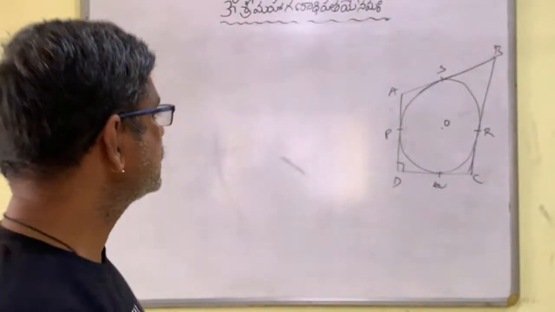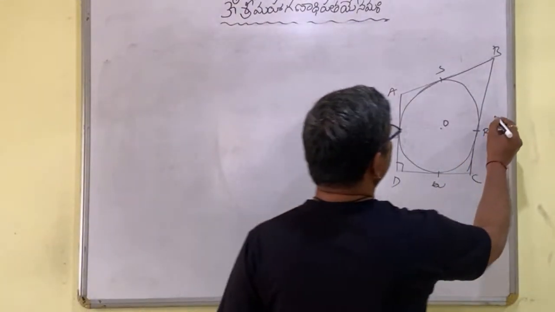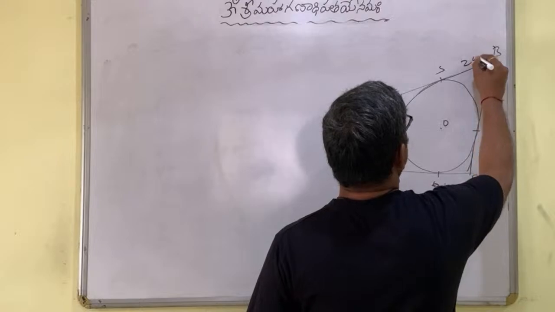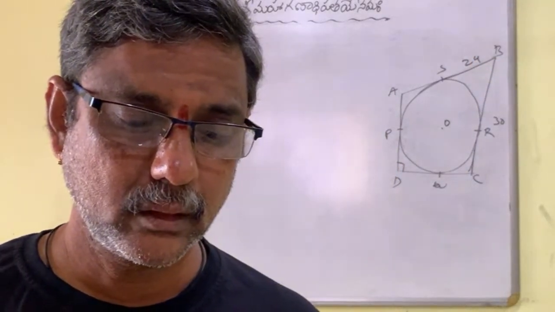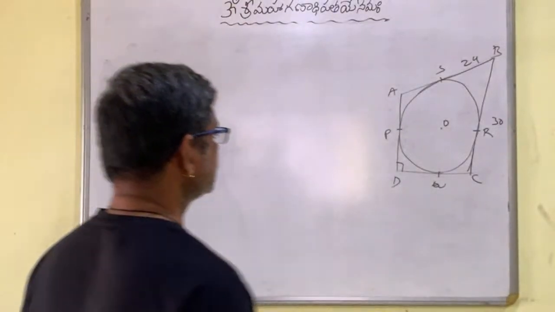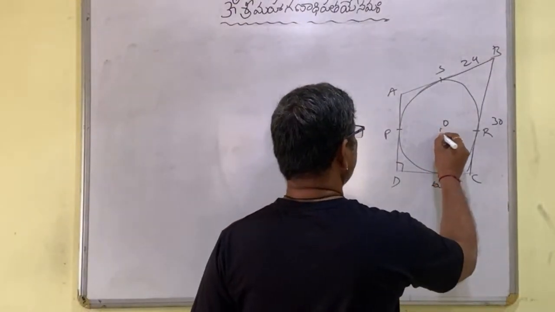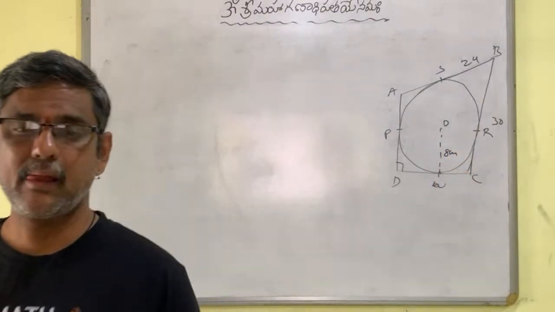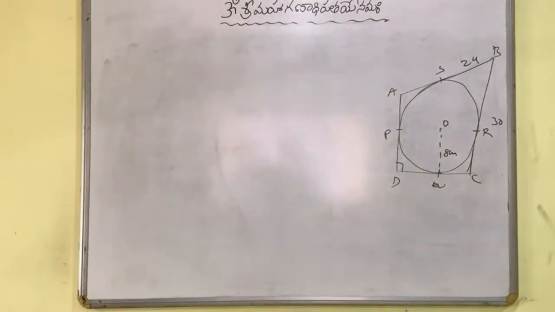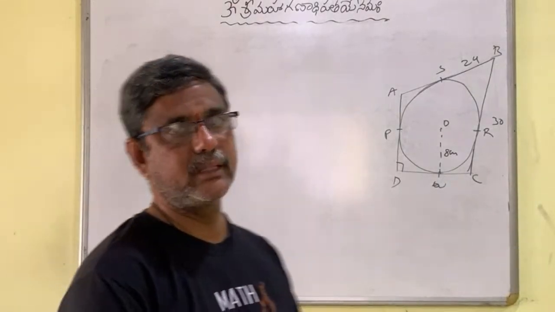BC 30, BS 24, and radius 8 centimeters. And AD, DC both are perpendicular to each other.